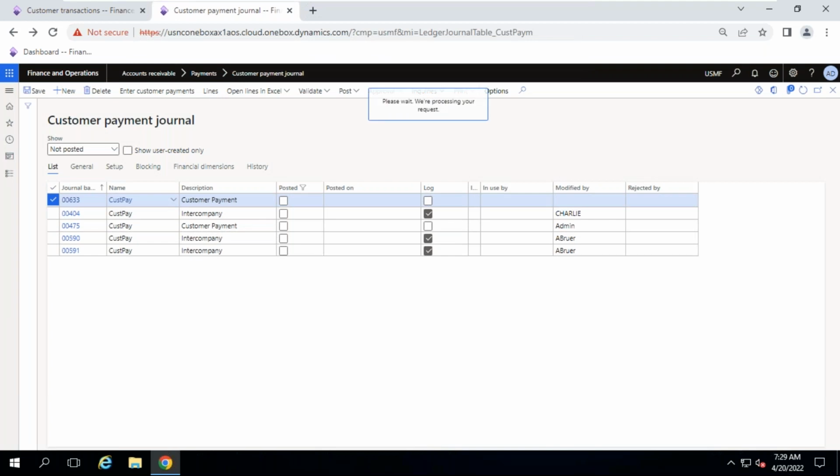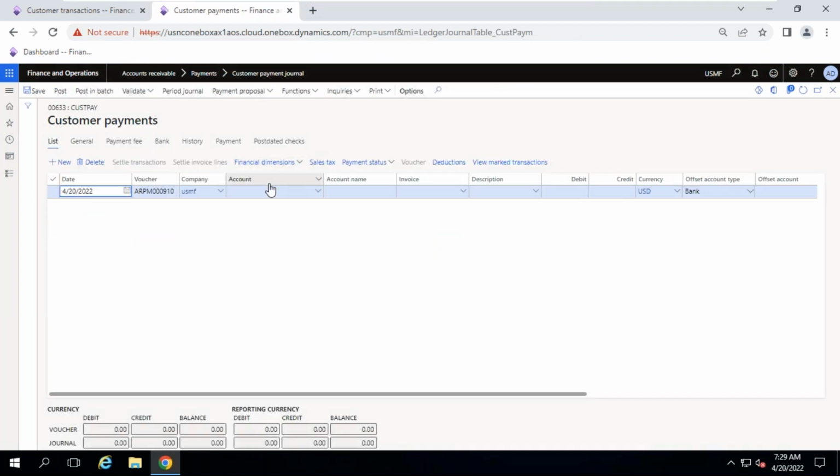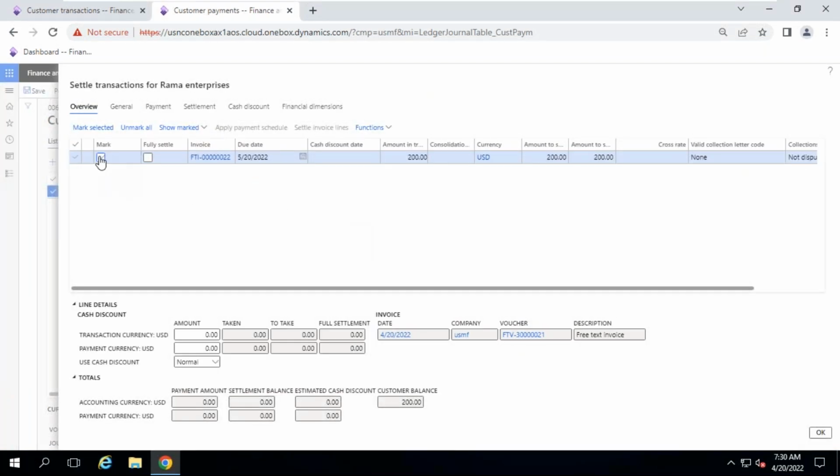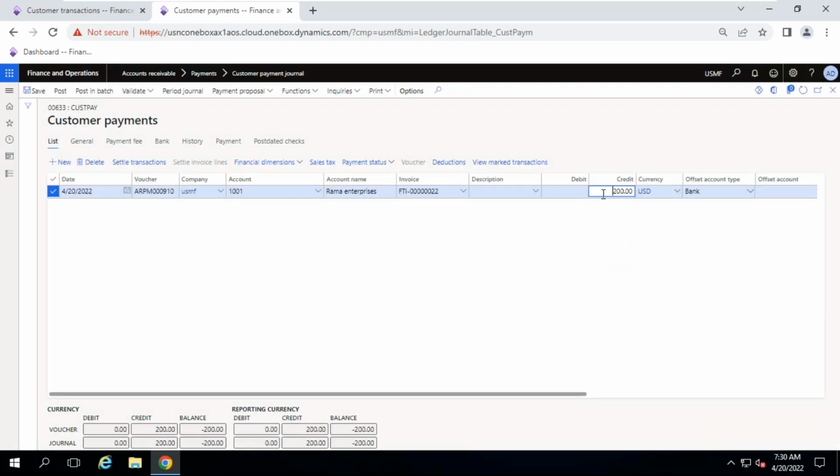Lines. Select customer 1001, whatever we have created. You can select settle transactions, select the invoice that you have generated, and click OK. Automatically the credit balance is updated. At the time of the customer invoice, debit was posted; now it is credit.